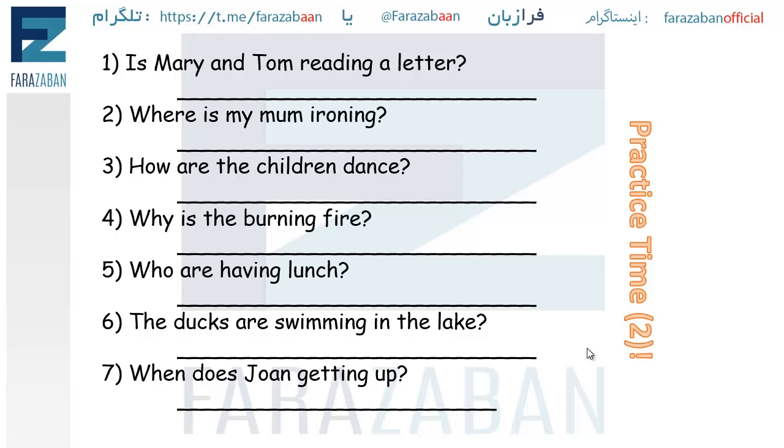If they don't have a mistake, just write the question. این قسمت هم سوال ها همه در زمان حال استمراری باید باشن. سوال رو بخونید. اگه ساختار سوال غلط داره، غلطش رو درست کنید و بنویسیدش. ولی اگه سوال درسته هیچ کاری لازم نیست بکنید. همون سوال دوباره توی قسمت کامنت ها کپی کنید. پس اگه غلط داره درستش کنید، اگه درسته هیچ کاری نه. This is practice number 2. توی قسمت کامنت ها با شماره 2 این تمرین رو جواب بدید.